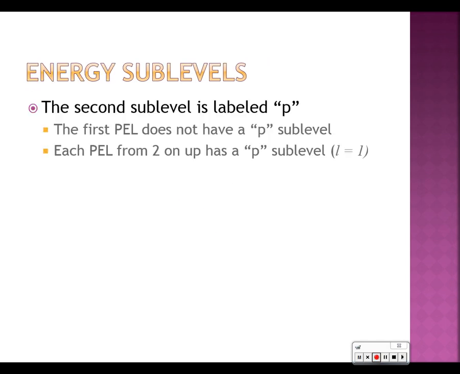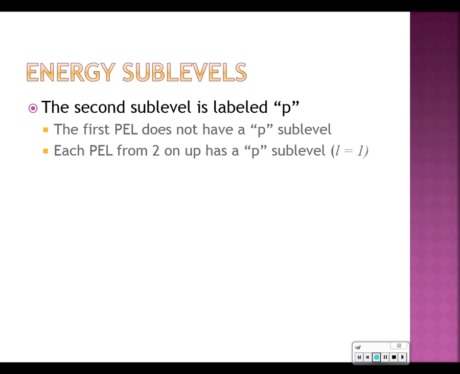But then the second sublevel is labeled P. On our picture that we drew yesterday, those are the petals. Every time we changed color, sphere first, petals second, except with the yellow. The first principal energy level doesn't have a P sublevel.